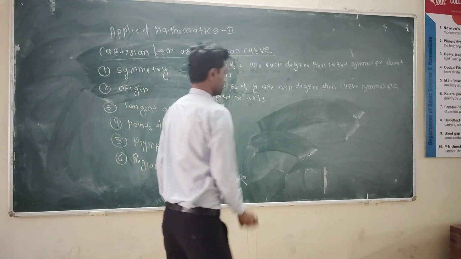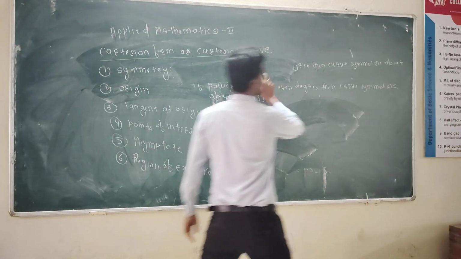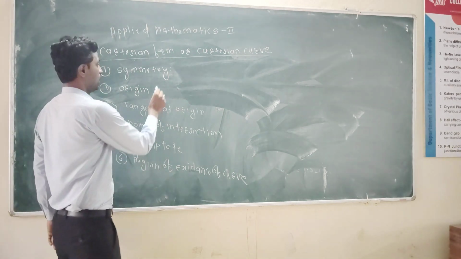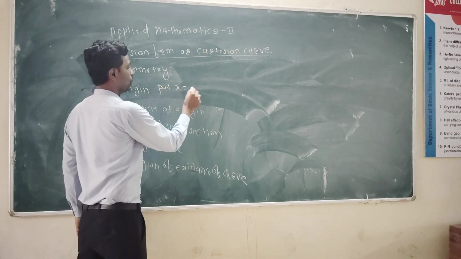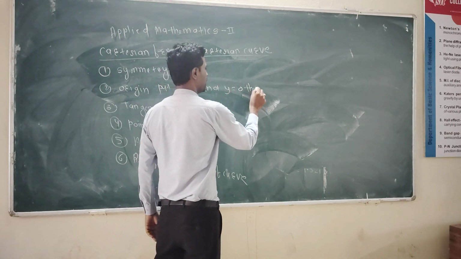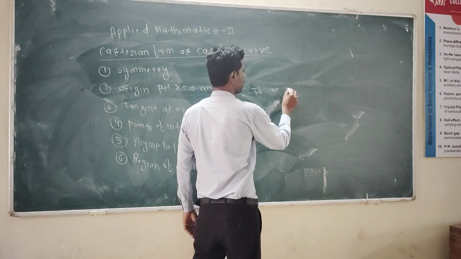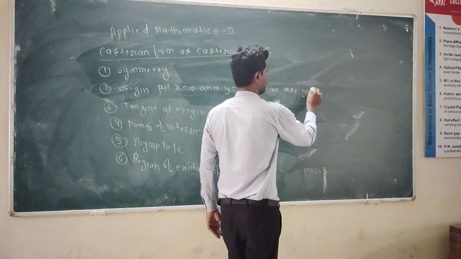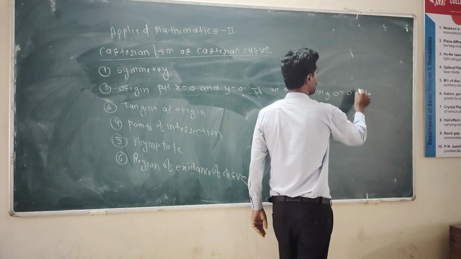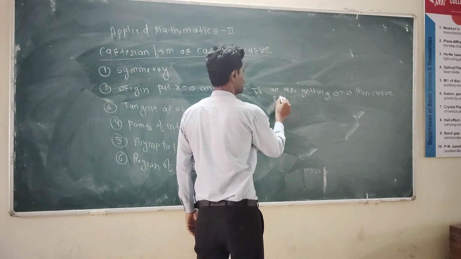After that, we will see origin. Just put x is equal to 0 and y is equal to 0. If we are getting 0 is equal to 0, then the curve passes through origin.